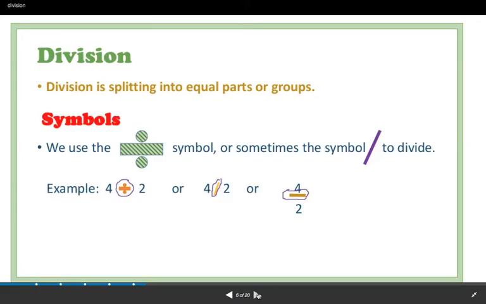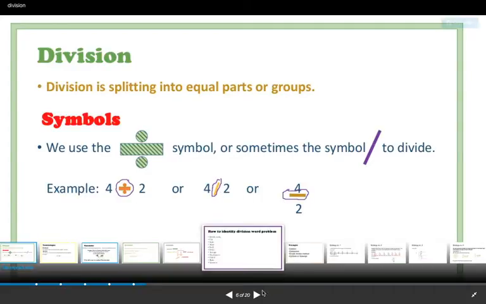So division just means splitting into equal parts or equal groups. Normally this is the most common division sign, but you'll also see a slash sometimes, or a fraction can also mean division. So these are your three division signs.